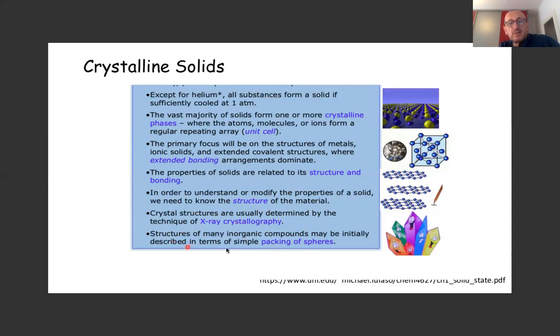And here there's another statement: many inorganic compounds may be initially described in terms of simply packing of spheres. What you could think is that the atom is not the nucleus.